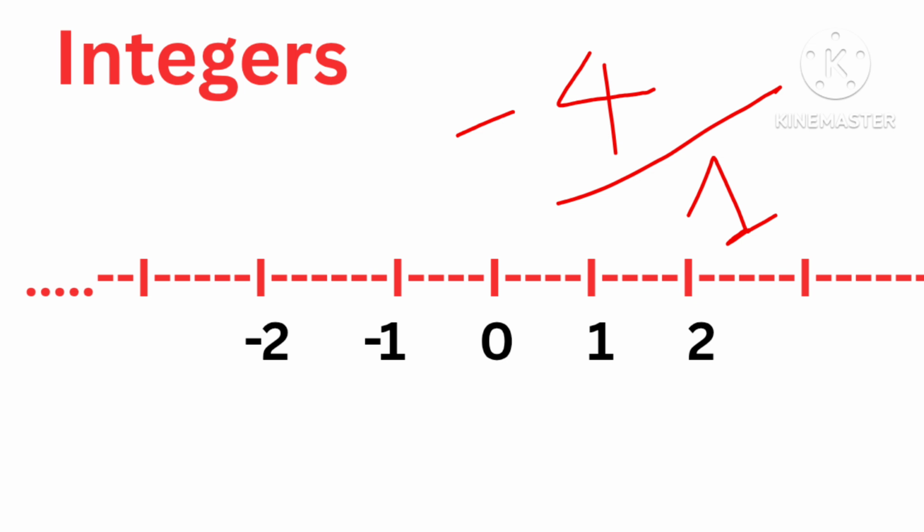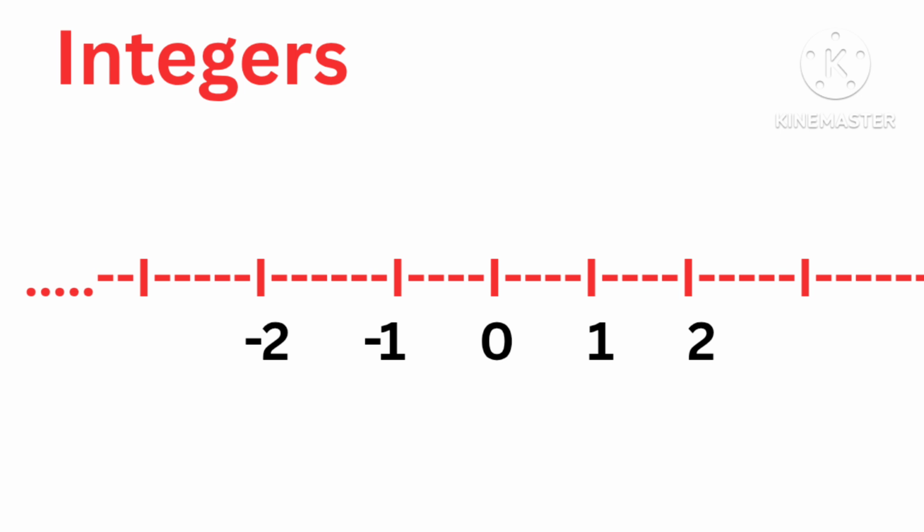Yes, we can convert as -4 by 1. -4 by 1 is in the form of P by Q, where -4 and 1 both are integers and 1, that is Q, is not equal to 0. So all the conditions are satisfied here. So -4 by 1 is also a rational number, isn't it? So all integers are rational numbers.